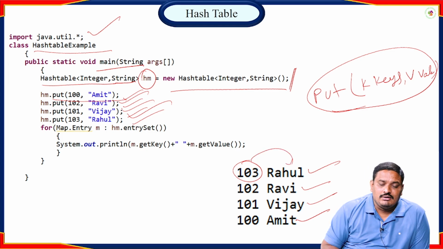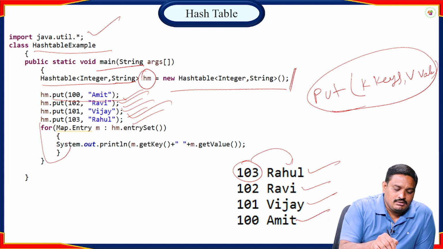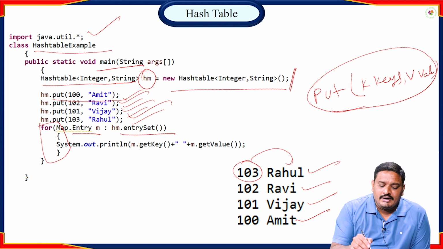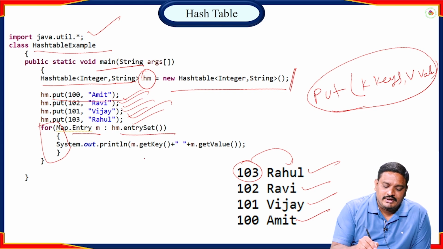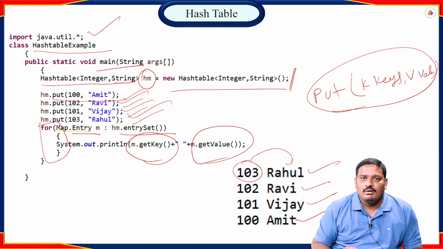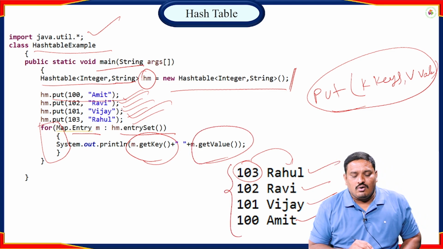To display all the elements and keys we use a for loop with Map.Entry and the entrySet method, to get the key with m.getKey and the value with m.getValue. Finally, we get this output.